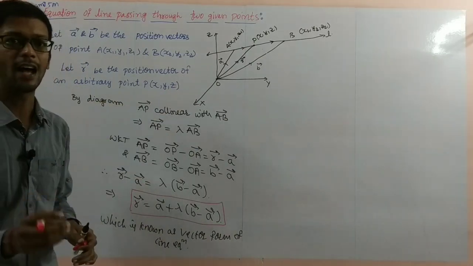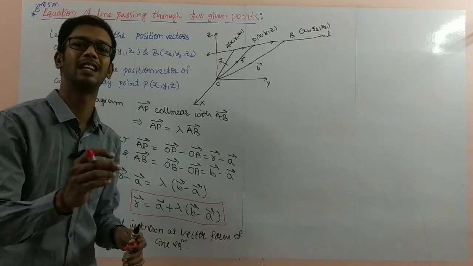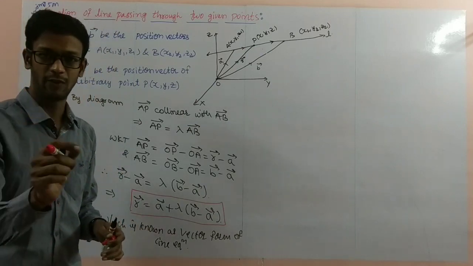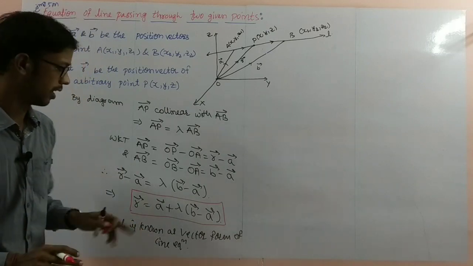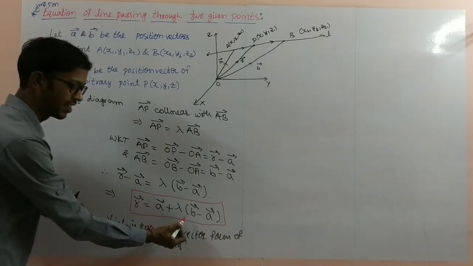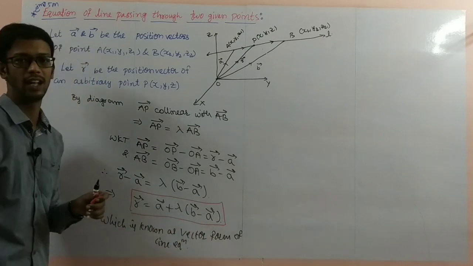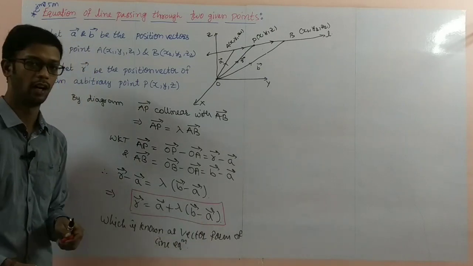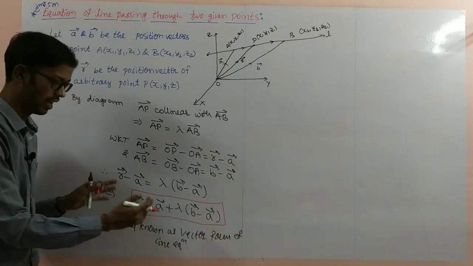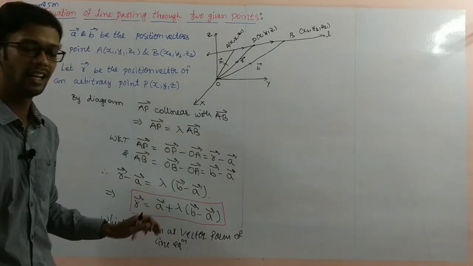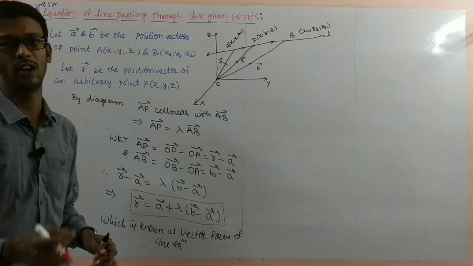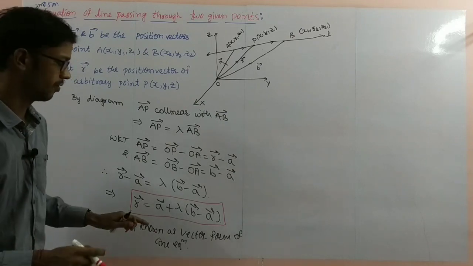Previously we discussed R bar equal to A bar plus lambda B bar, the line equation passing through a single point and parallel to the vector B bar. Here, with two points, the extra is B bar minus A bar. This is the only difference. By this equation, if you are seeing it directly, how to say that this is a line equation passing through two given points. So now this is the vector form.